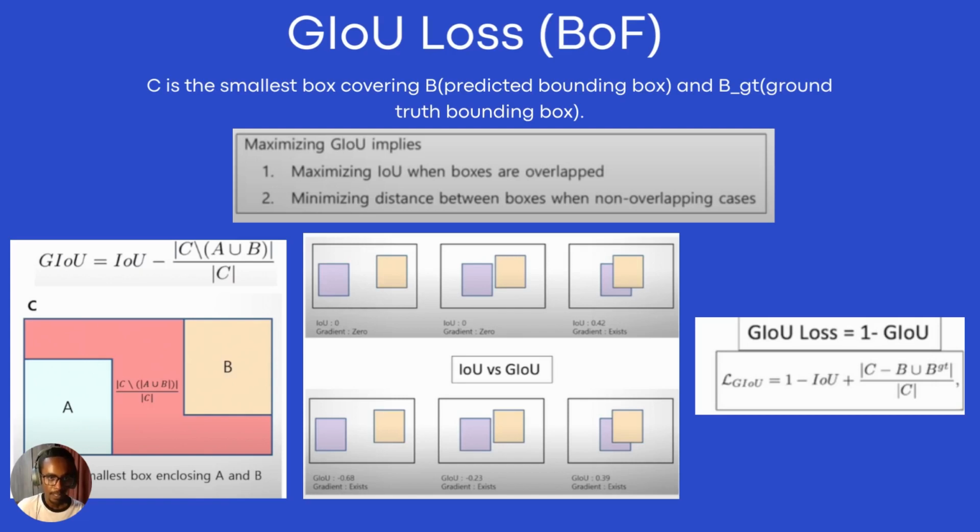When we minimize this term, the boxes get closer and closer, and we are maximizing the GIOU. And when we maximize the GIOU, we are minimizing the GIOU loss because we're subtracting from 1.